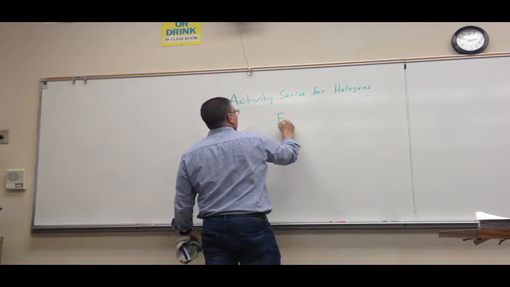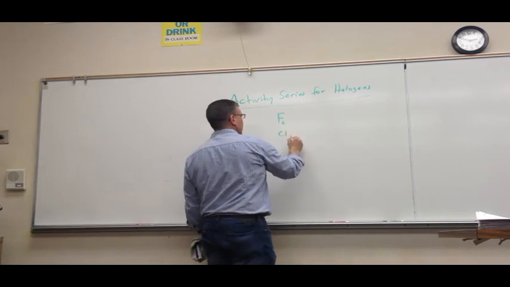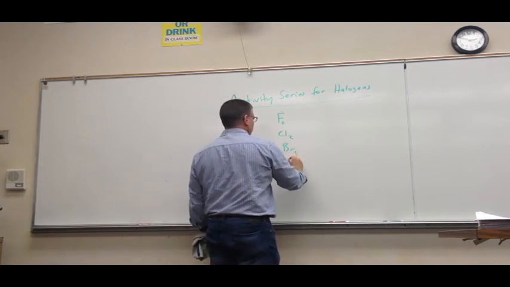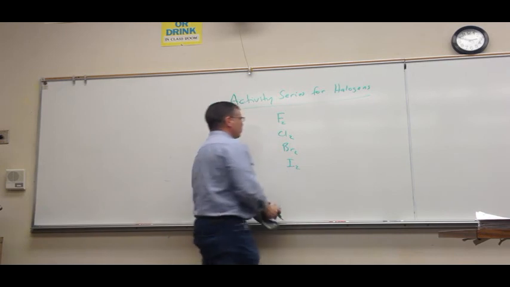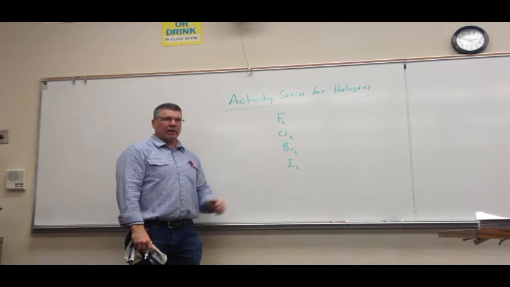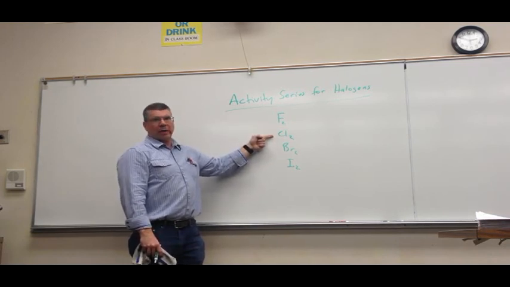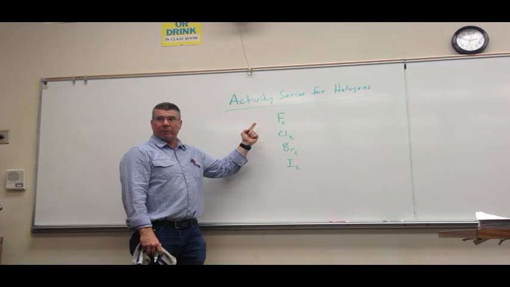It's just the same order as they are in the periodic table. In other words, fluorine's more active than chlorine, which is more active than bromine, which is more active than iodine. So fluorine will replace chlorine or chloride ion in the compound, but not the other way around.